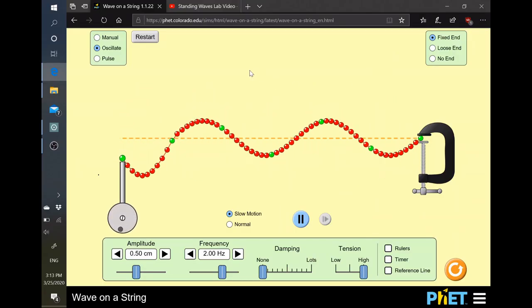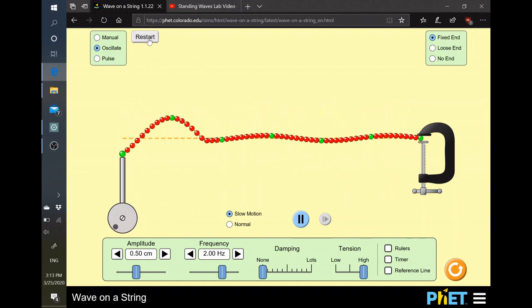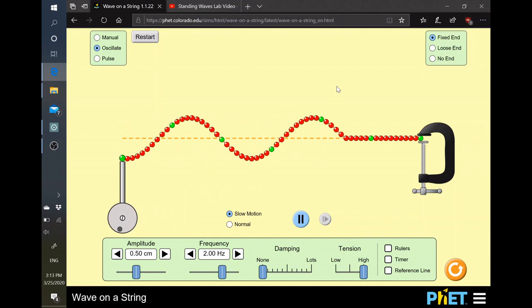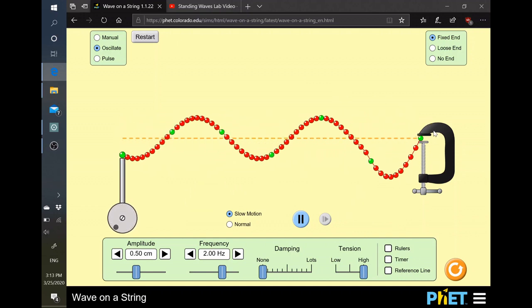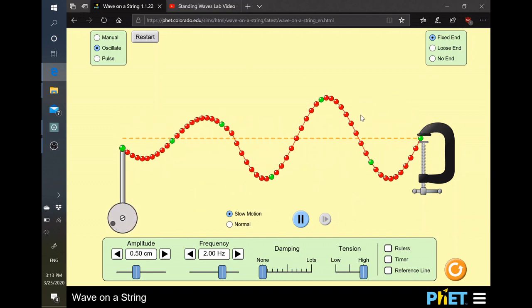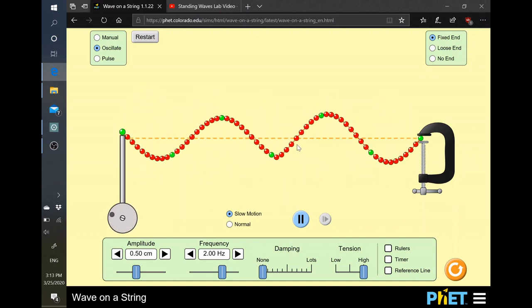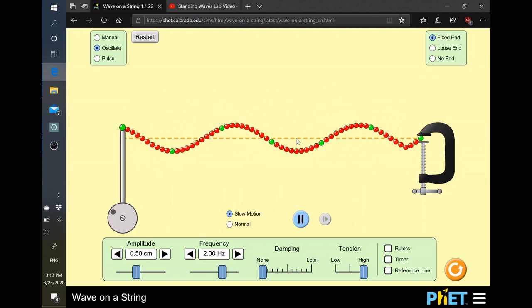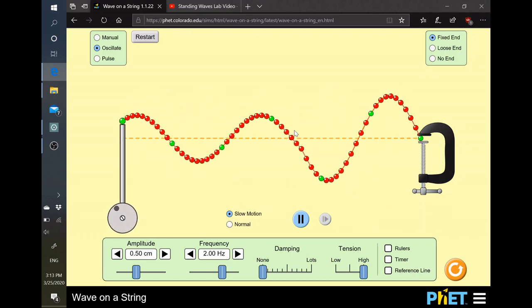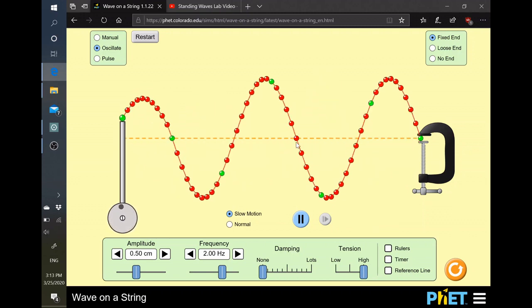And actually, since I still have this simulation running in the background, let's see if we can identify the nodes and the antinodes for these standing waves. So let's give it a second to set up the standing wave. When we do that, we can see that this point right here is not moving at all. So that is a node. Give it a second to stop moving. There it goes. So that's a node.